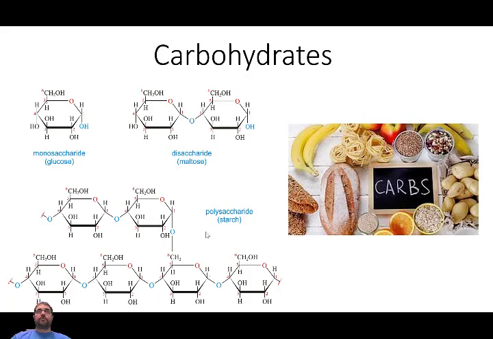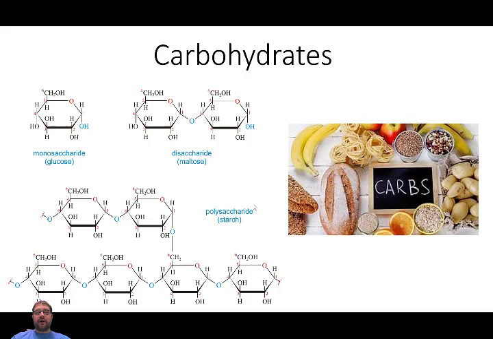Okay? And so it's that glucose molecule, the result of photosynthesis, that we're going to initially describe when we talk about carbohydrates. We're going to talk about these polysaccharides, these large carbohydrates, and what their role is.